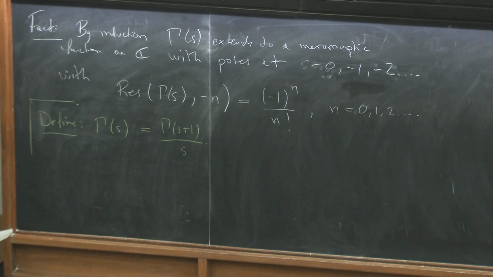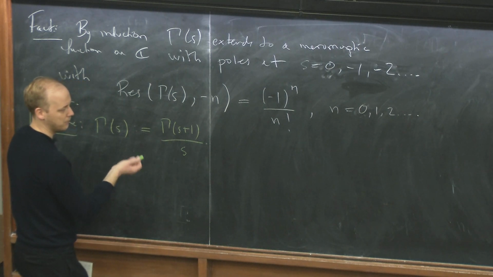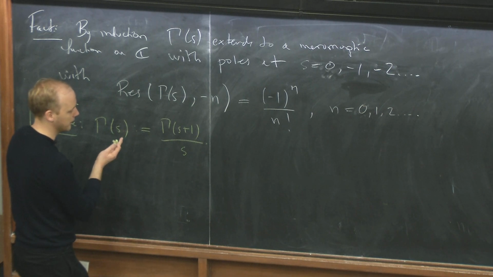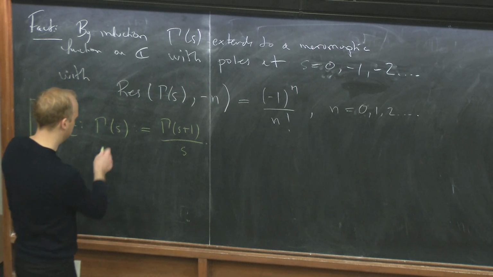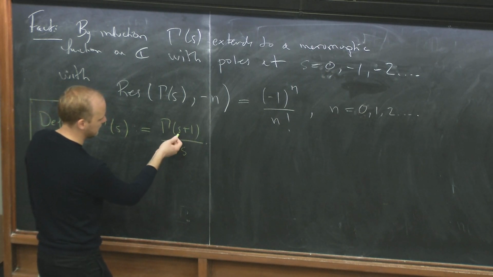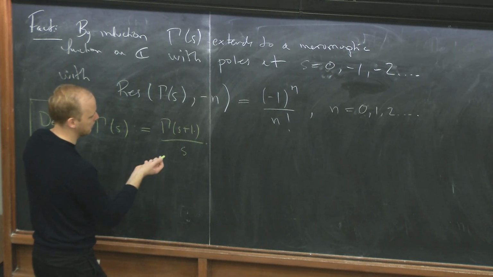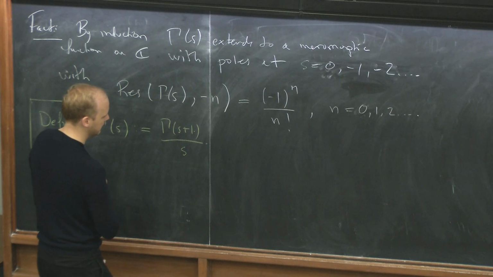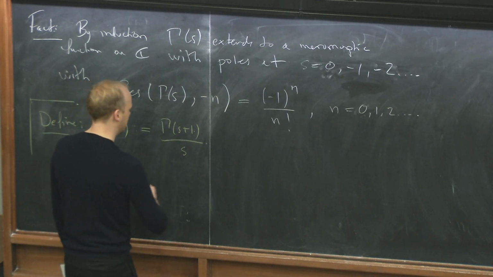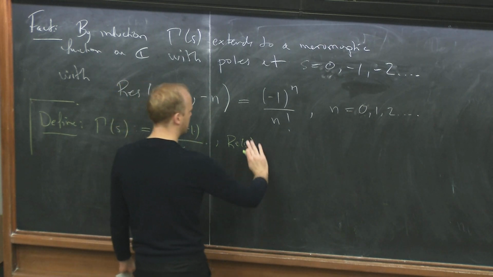Of course, we know that this gamma function was a priori defined so far when the real part of s was greater than 0. But now, if I look at the right-hand side here, this one is defined when the real part of s plus 1 is greater than 0, which means that the real part of s is greater than -1.